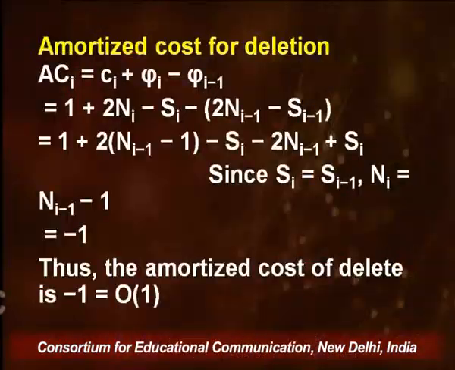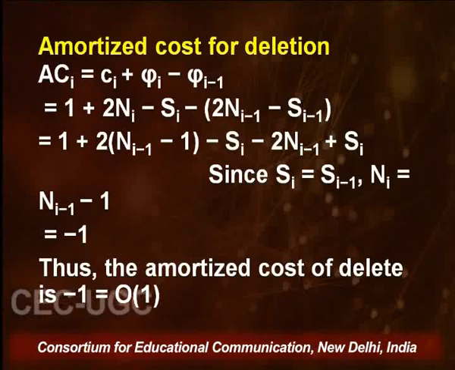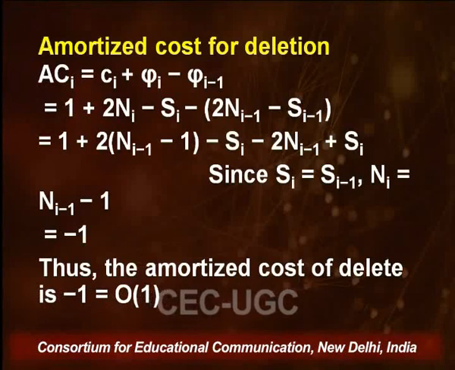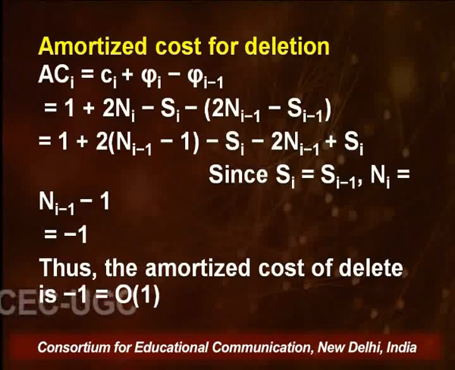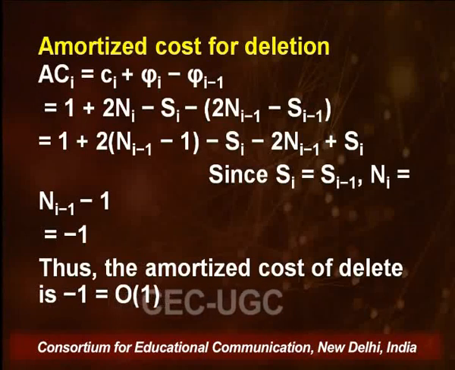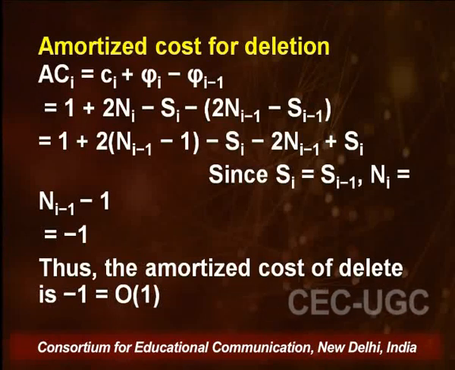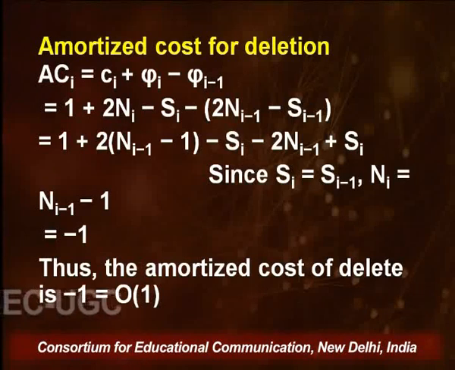We have already covered insertion. Now, let us say we want to analyze deletion, or we want to see the amortized cost for the operation of deletion. Just to recall, the amortized cost is equal to the actual cost plus the potential difference, where the potential difference is given by the potential after the ith operation minus the potential before the ith operation, denoted by phi of i minus phi of i minus 1 respectively.